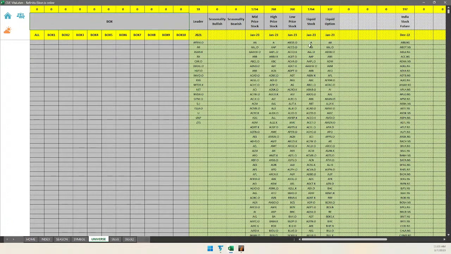Then let's say my trading universe that I want to focus on is stocks with liquid options. So I have different universes of stocks: liquid options, liquid stocks, low price stocks, high price stocks, mid price stocks. For India, I have a list for stocks with stock futures, and you could create many more lists. There are many more blank columns. You could create your own list, but the liquid lists suffice for me, because everything else, fundamental first or fund accumulation, everything I can do based on Q systems.